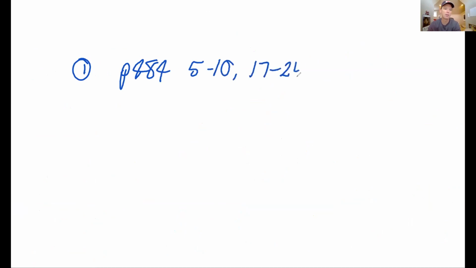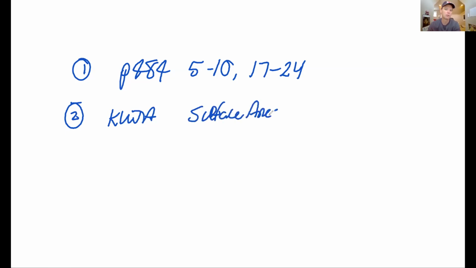So here are your options for the week. Option number 1, page 484, 5 through 10, 17 through 24. Option number 2, another CUDA worksheet on surface area. That's pyramids and cones. Option 3 is the CUDA.